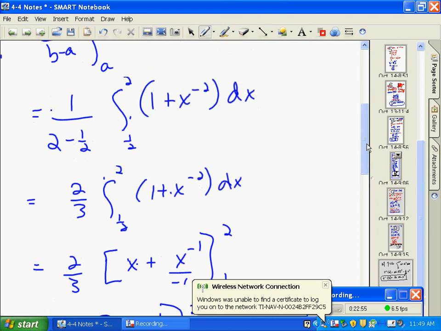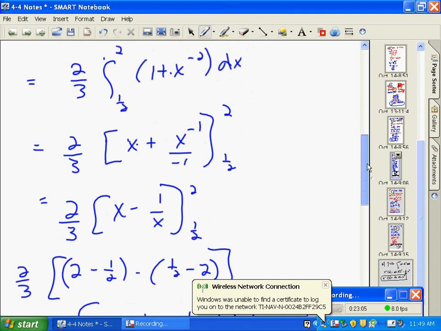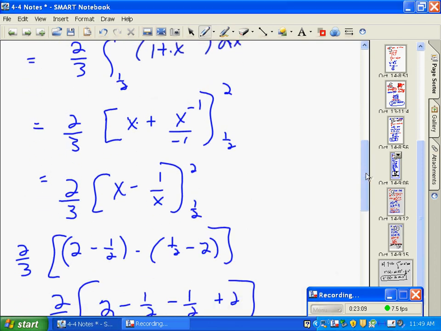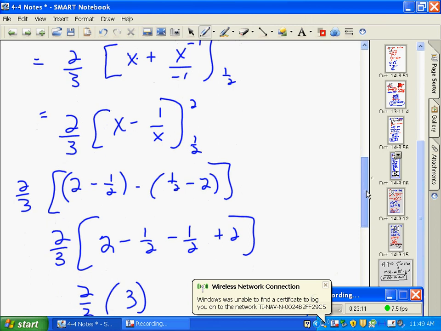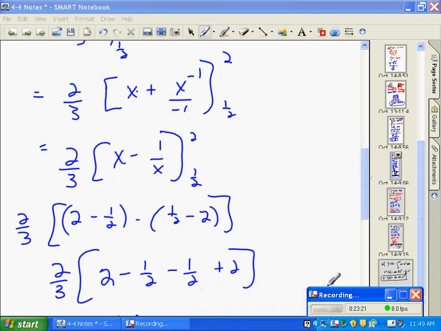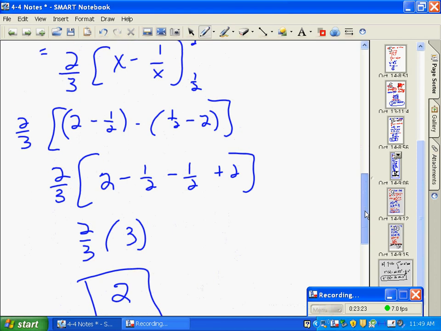Right here I get 1 over 2 minus 1/2 is 1 over 3/2, so I flip it and multiply to get 2/3. And then I just do my integral, and I'm going to leave you to copy all that down, or just do it yourself if you want to, and then check with my answer up here in a minute. So go ahead and pause while we copy that down. And the final answer I get is 2.